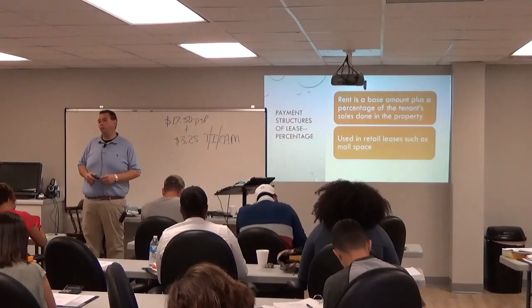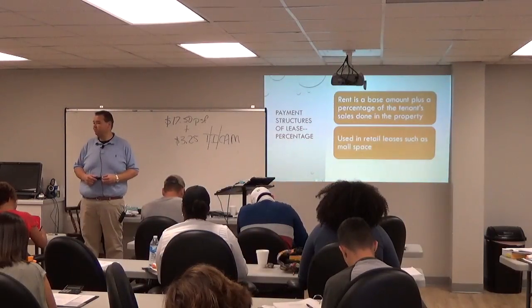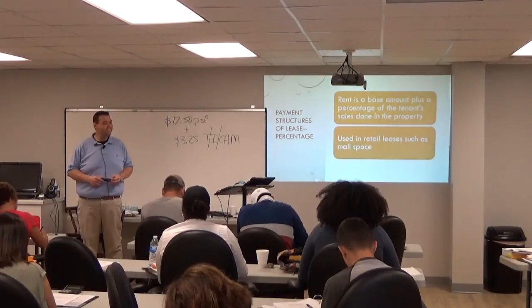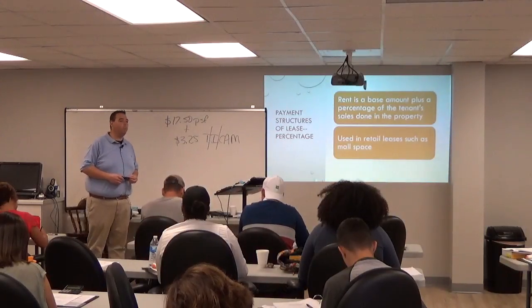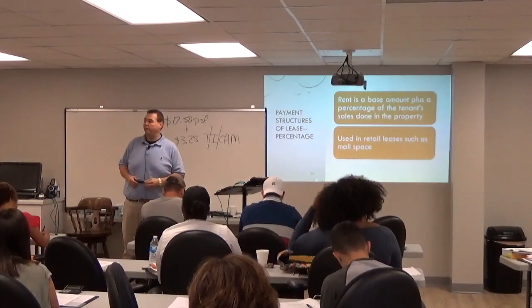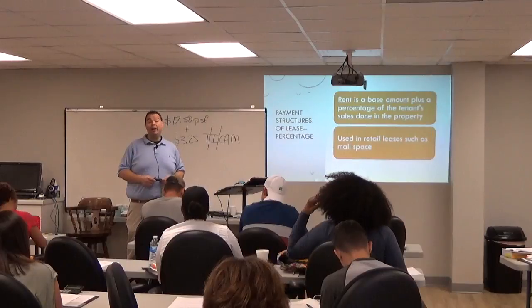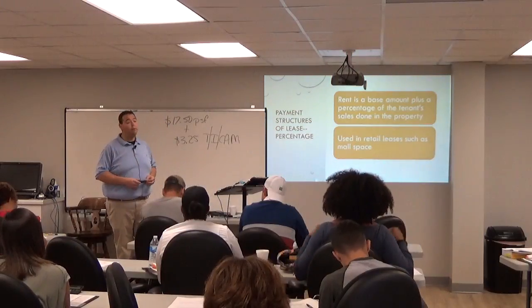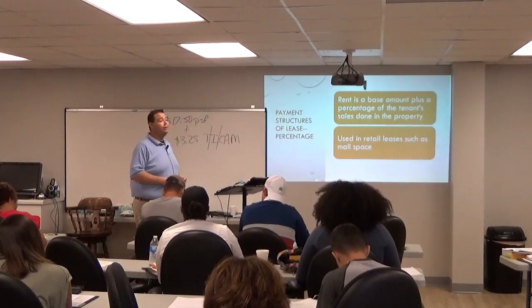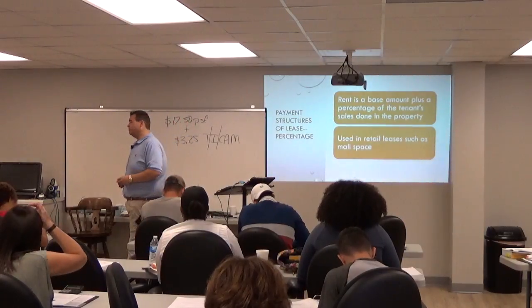So the landlord is getting a piece of the action. This is a cut. This is the more you sell, the more you what? Pay. This is done exclusively in retail settings, and realistically only in one type of retail setting for the most part, shopping malls. This is a shopping mall lease.